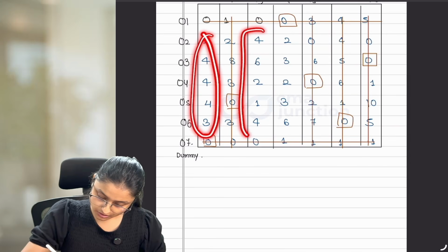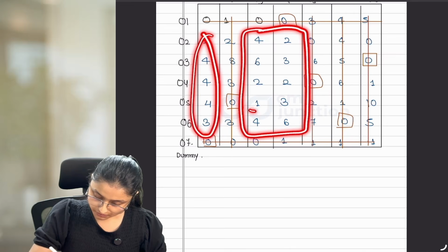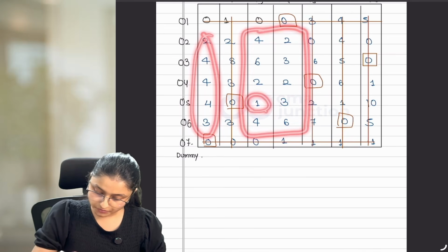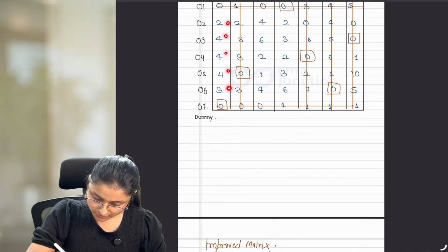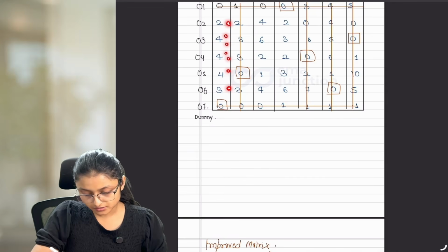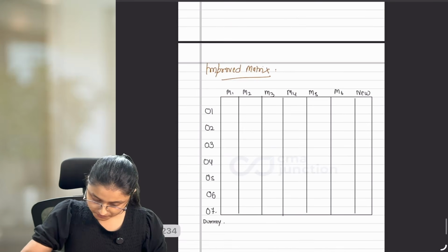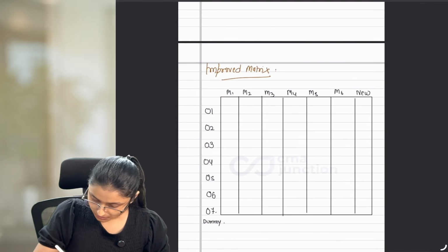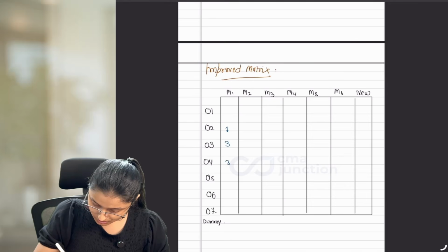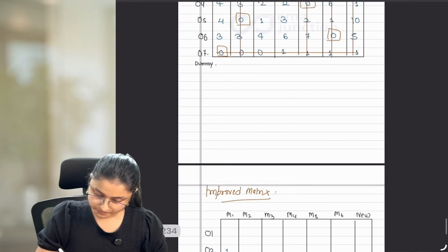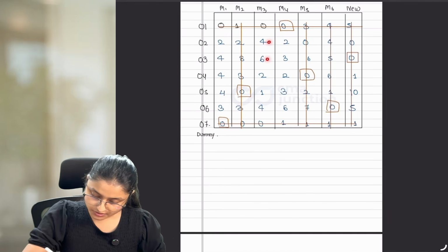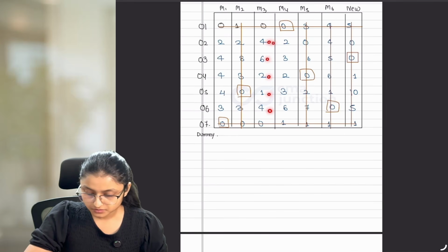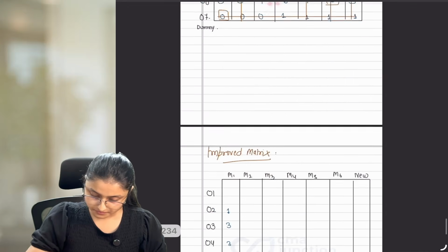From the uncovered elements, find the lowest one, which is 1. Now reduce it from all the uncovered elements. So this 2 4 4 4 3 will become 1 3 3 3 2 from the second row. Now after this 4 6 2 1 4 will become 3 5 1 0 3.